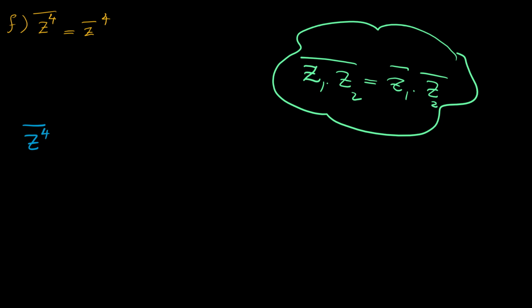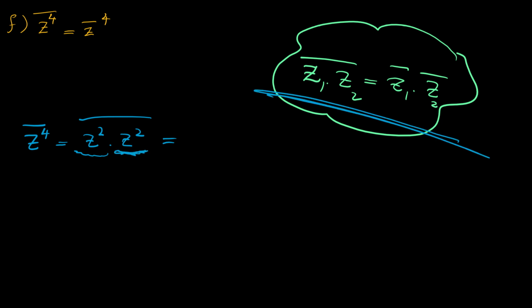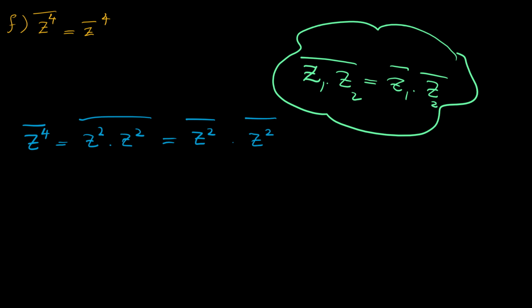So we start the proof in this way. We say Z to the 4 is basically Z squared times Z squared. Now consider this as Z1 in your head and consider this as Z2. Based on this relation, we can write this as Z squared conjugate times Z squared conjugate. Repeat the process for this part now.